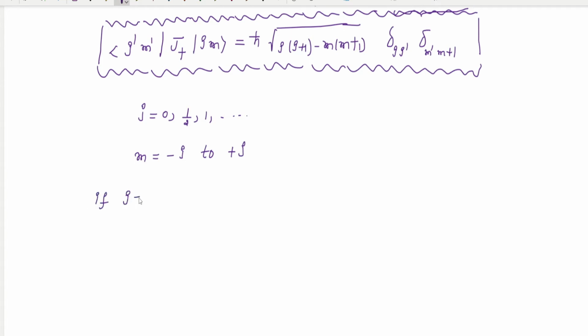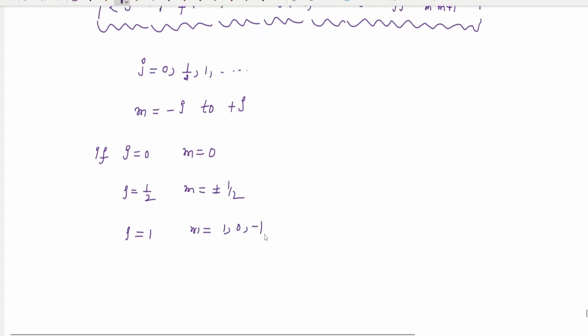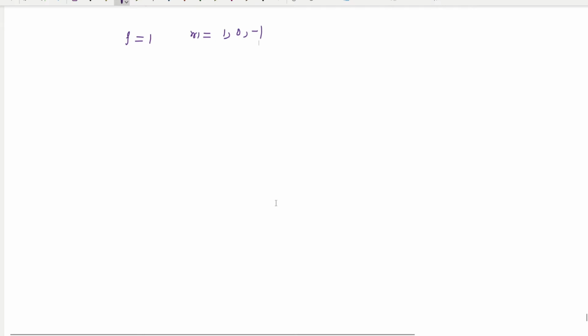If J is equal to 1 divided by 2, M is equal to plus or minus 1 divided by 2. If J is equal to 1, M equals 1, 0, minus 1; in between minus 1 and plus 1, the 0 state is also there. By using these conditions, I'm going to write the matrix form.